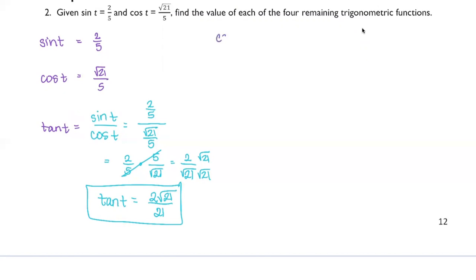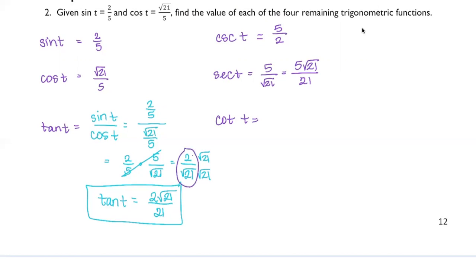So sine and cosecant of t are reciprocals. So cosecant of t is going to be 5 over 2. Secant of t is going to be 5 over the square root of 21, which rationalizes to 5 root 21 over 21. And then the cotangent of t, again, choose the form that's easy to flip over.